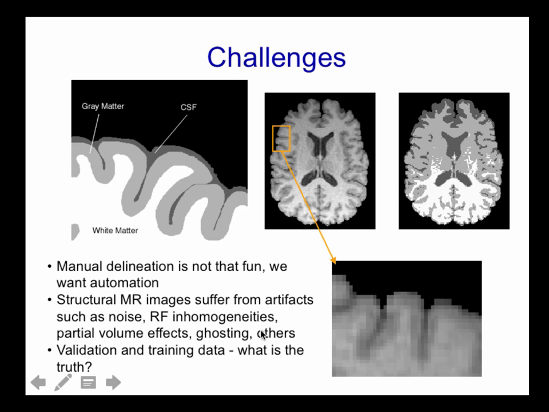Ghosting is another artifact that you can get from motion or hardware problems. Another difficult challenge is, once you've applied your segmentation, how do you know that it's actually working correctly? A related problem is that if you know what the segmentation should be, then we should be able to use that to improve our algorithms, and that's where training data comes in. I'll be talking more about that.